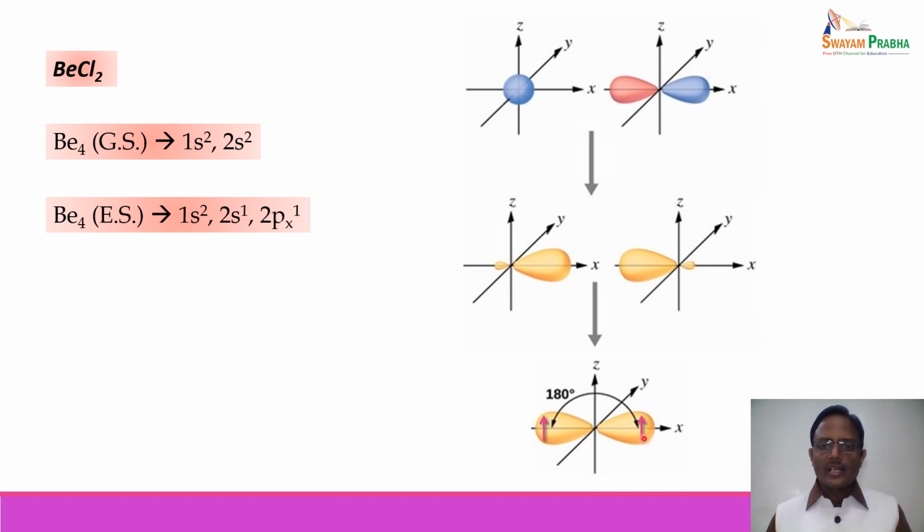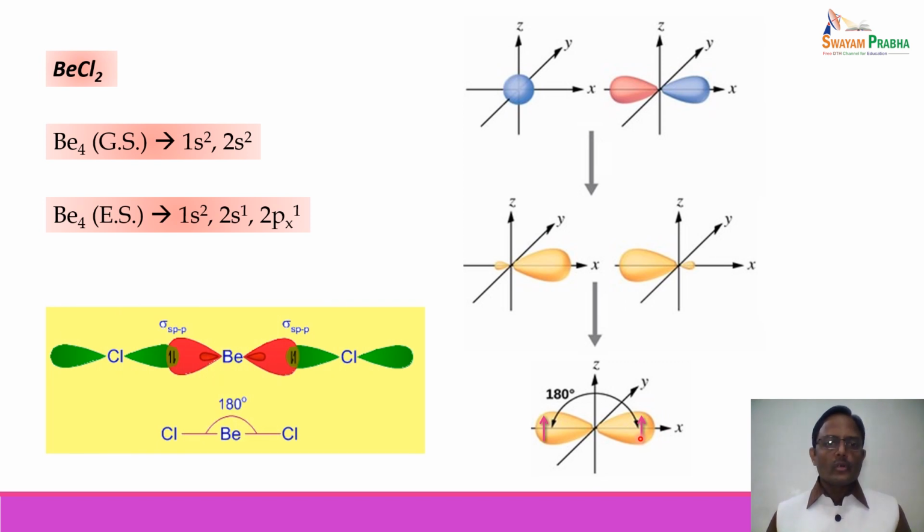Since they are singly filled, they can form bonds with chlorine atoms, and chlorine has valence electronic configuration of 2pz1. So it has a pz orbital with a single electron. This can overlap with the sp hybrid orbital of beryllium, and whenever there is an overlap like this, the geometry of the molecule is linear, and the Cl-Be-Cl bond angle will be exactly 180 degrees.